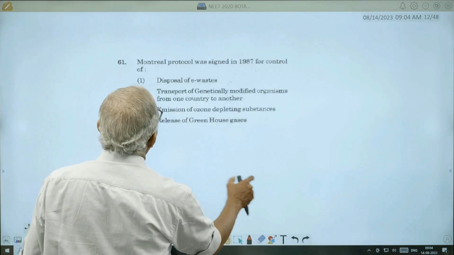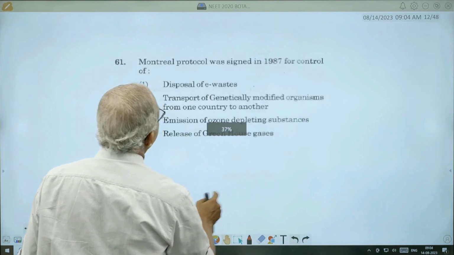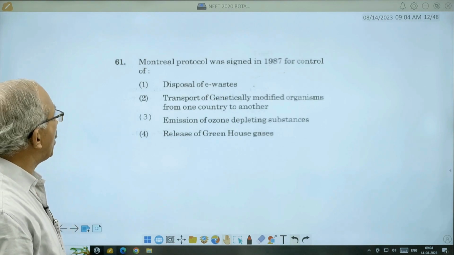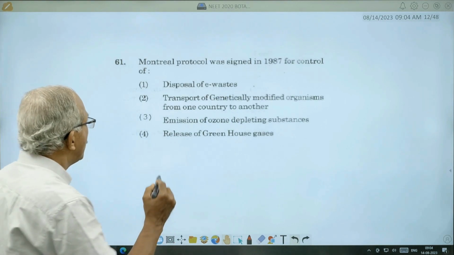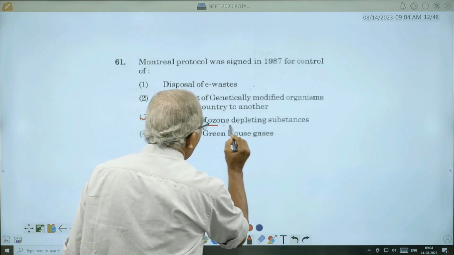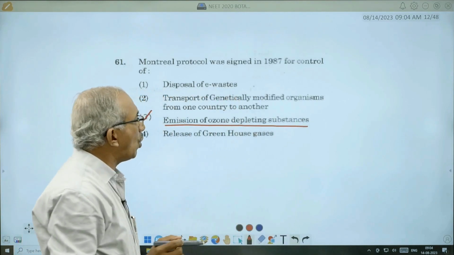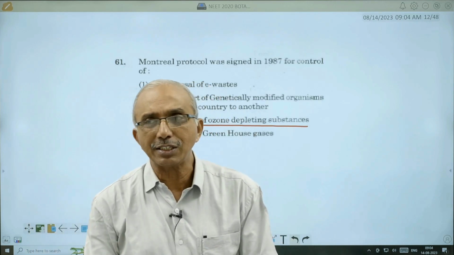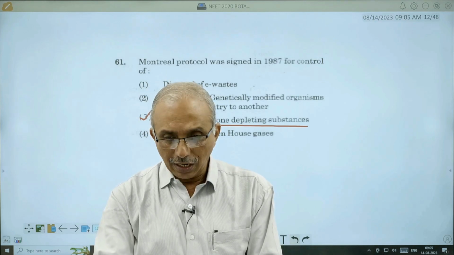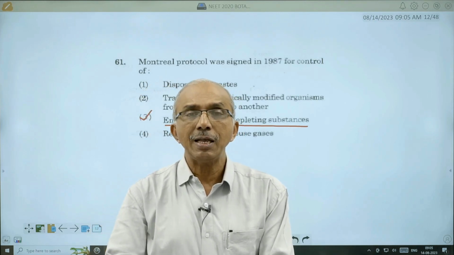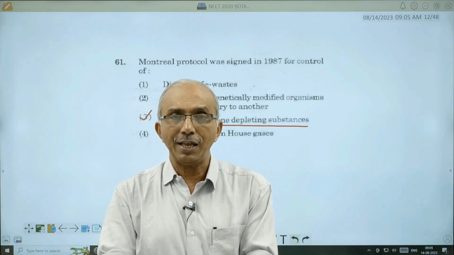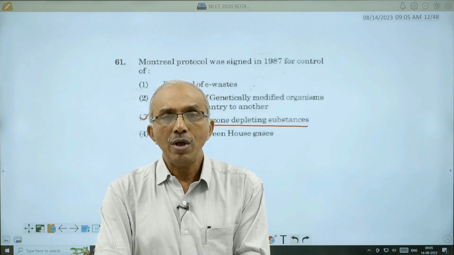Montreal Protocol was signed in 1987 for the control of emission of ozone depleting substances, mainly chlorofluorocarbons, CFCs.